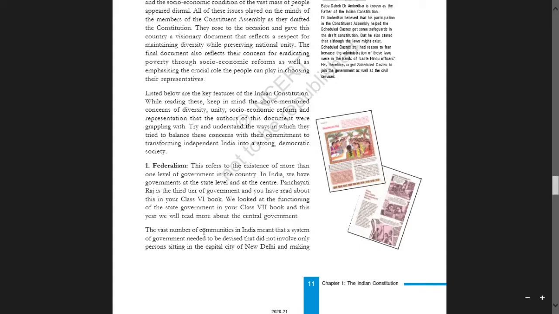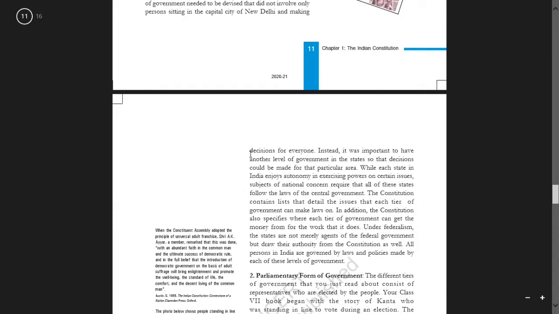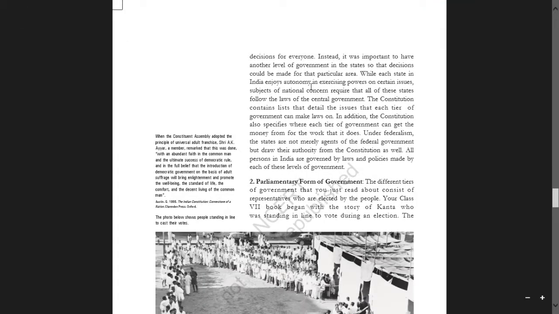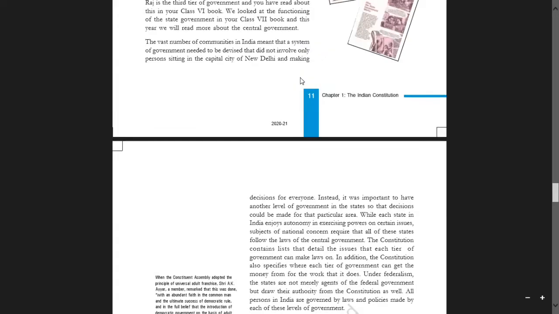The vast number of communities in India meant that a system of government needed to be devised that did not involve only a person sitting in the capital city of Delhi and making decisions for everyone. See, the vast number of communities in India meant that a system of government needed to be planned.